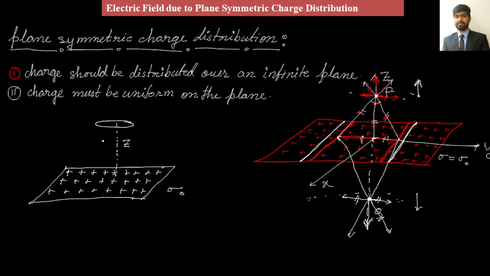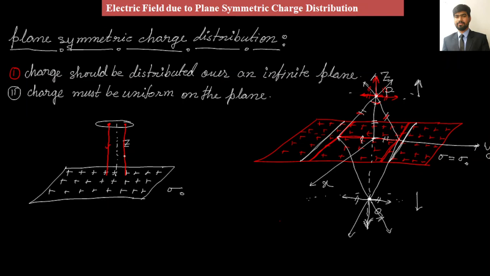Now if we consider two points on this loop, one point here and another point here, and draw a perpendicular line from each point on the loop to the plane, what will be this distance? Since the two planes are parallel and their perpendicular distance is z, for any point on the loop, the perpendicular distance to the plane will always remain z.